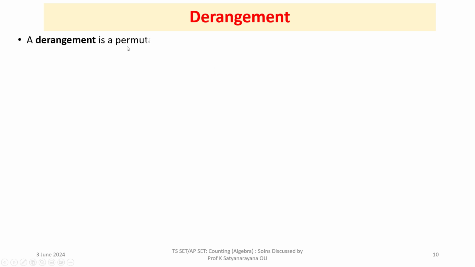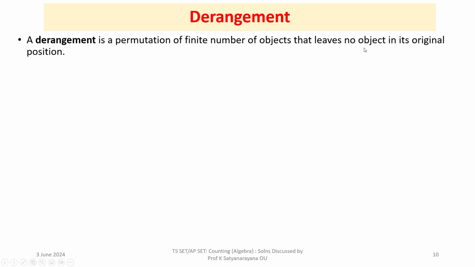A derangement is a permutation of a finite number of objects that leaves no object in its original position.